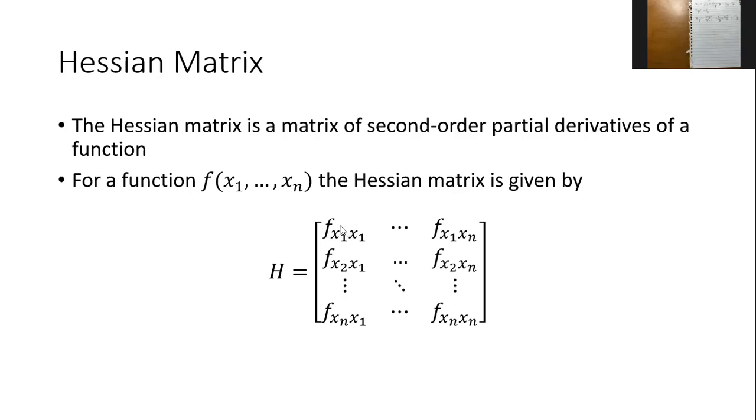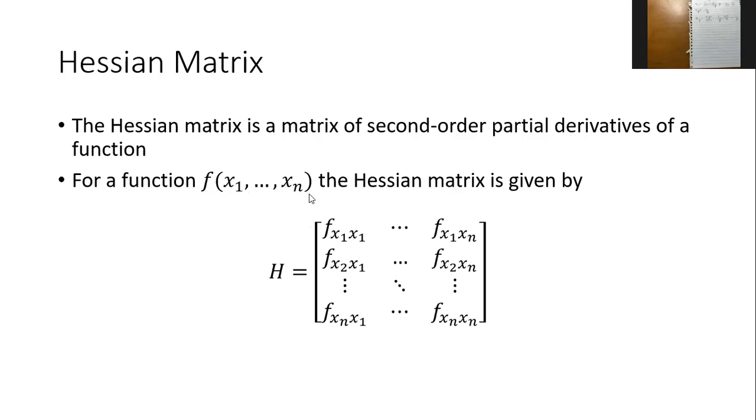In fact, it's all of the second order partial derivatives of a function. So if you have any function that has n input variables, in this class, generally, we'll talk about n equals 2 or n equals 3, and that's it.